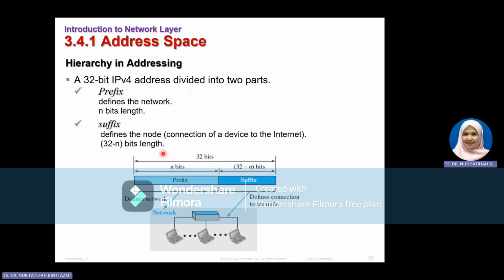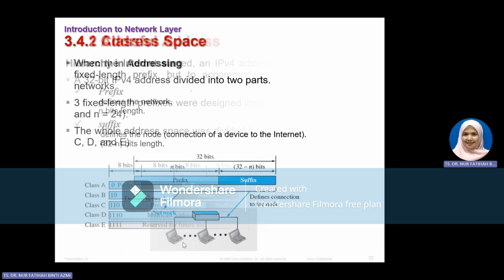The left side, which is the prefix, helps routers decide where to forward the packets, and the right side, the suffix, defines the individual devices, such as a printer, PC, or a server connected to the network.